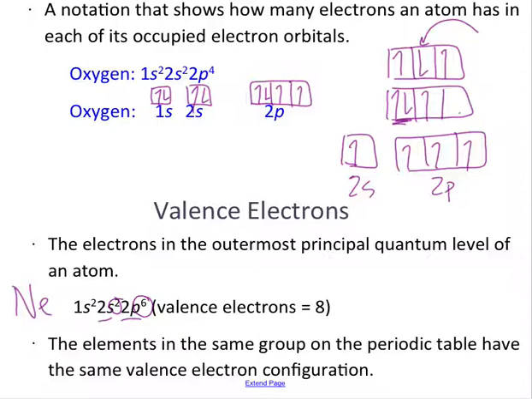Energy level, group 1 has 1 valence electron, right? Group 2, 2. Go to the aluminum group, 3. Carbon's group, nitrogen's group, oxygen's group, fluorine's, and the noble gases, 8. You're going to need to know those, and the Roman numerals up top tell you that.